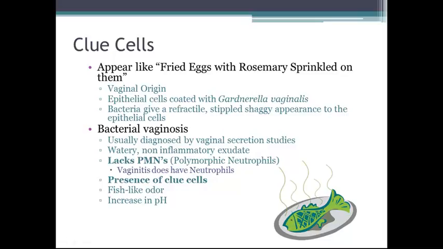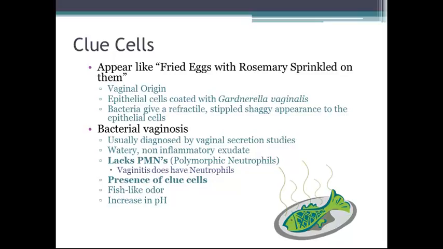Clue cells appear like fried eggs with rosemary sprinkled on them, as an analogy. They are vaginal in origin. These are epithelial cells coated with Gardnerella vaginalis, which gives the epithelial cells a refractile, stippled, shaggy appearance. Bacterial vaginosis is usually diagnosed by vaginal secretion studies, and the secretions are watery. There can be a watery, non-inflammatory exudate present in the patient.